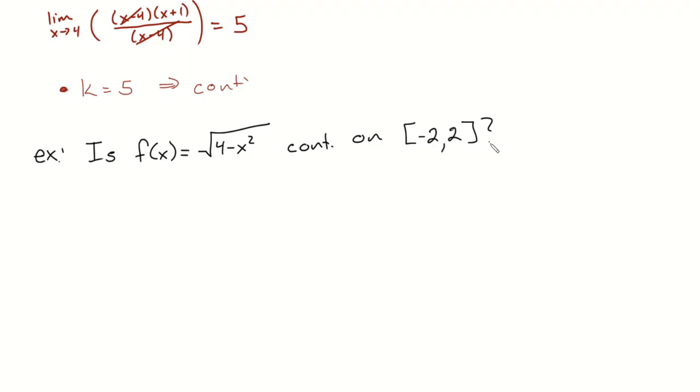Now, there's a little extension from the bell ringer. I want to know if it's continuous from -2 to 2. I'm not asking you at a single point, right? So how would we even think about beginning this problem?